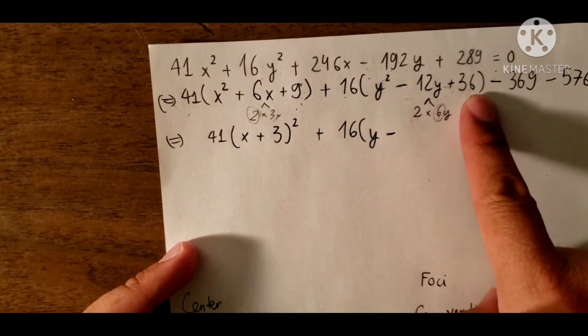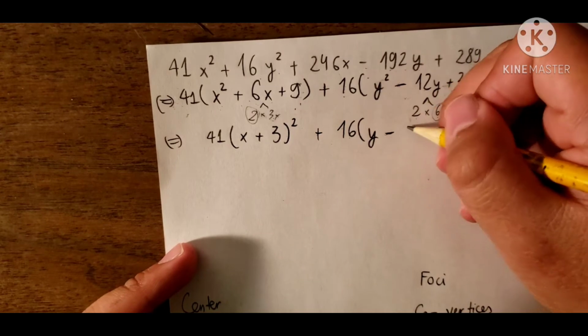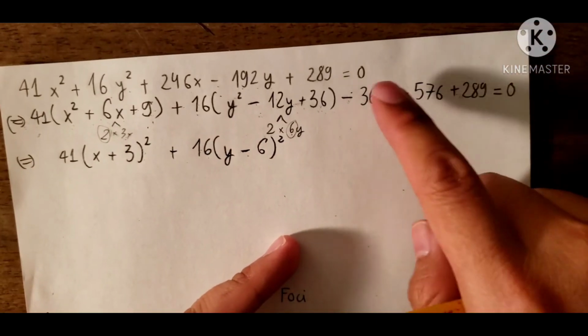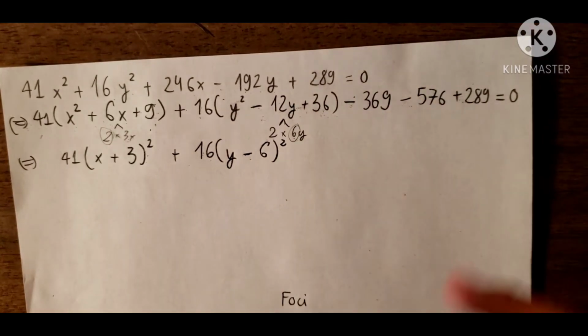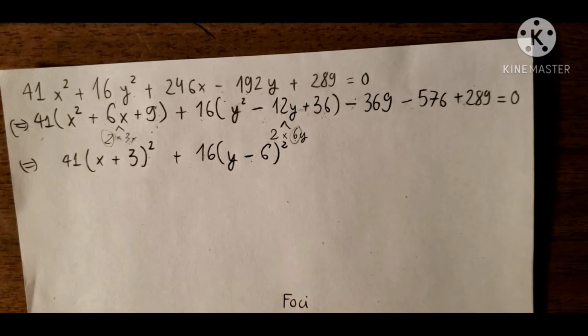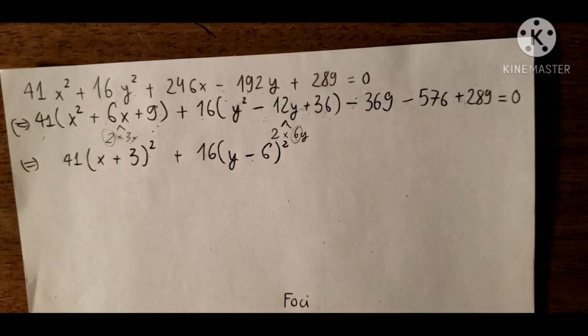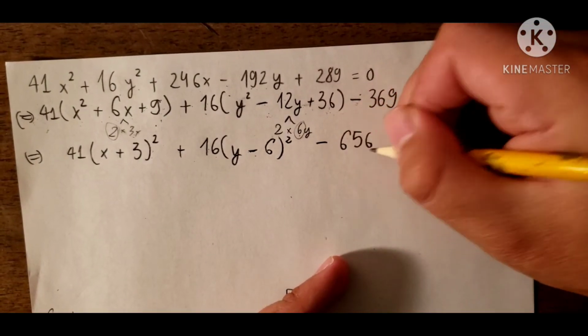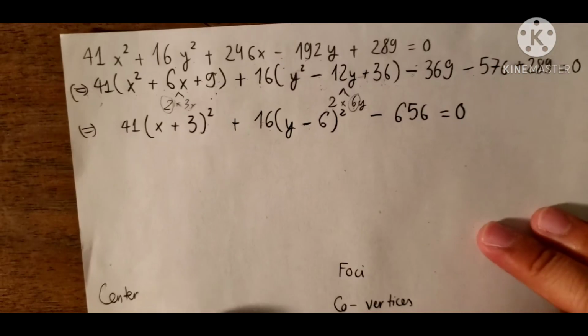This is 6 power 2, so that's why it is (y minus 6) power 2. You have the minus and plus, you calculate this number, and we get minus 656 equal to 0.